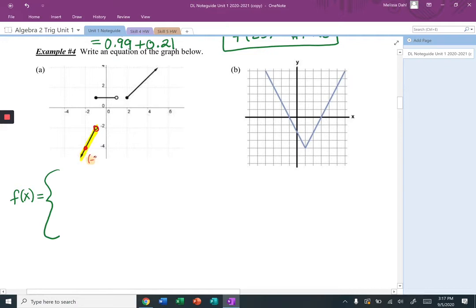Like this point looks like -2, -4, and this point looks like -1, -2. You could put them into the slope formula. What I see from the graph here is that my points are rising 2 and running 1, so that the slope of that line is 2.